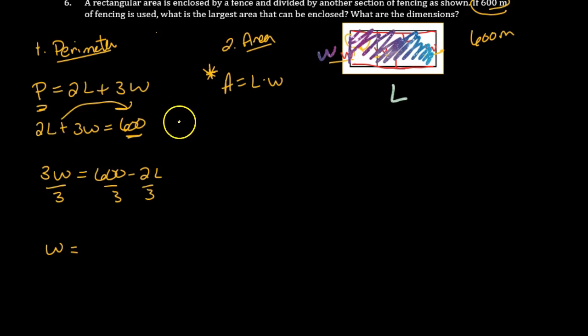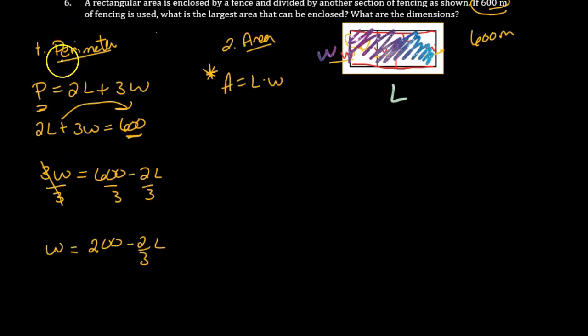To isolate W, every term gets divided by 3. So 600 divided by 3 is 200. And then you have 2 divided by 3, which is 2/3. So we can leave it as a fraction. You could change it to a decimal, 0.67, but you don't need to do that. You can work with it as a fraction. It's not going to hurt you.